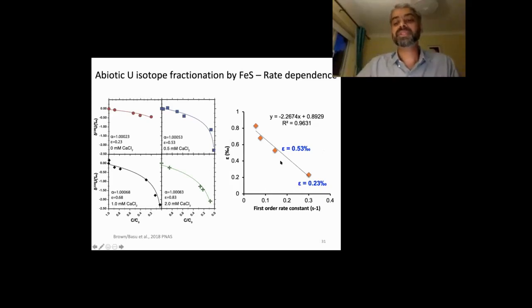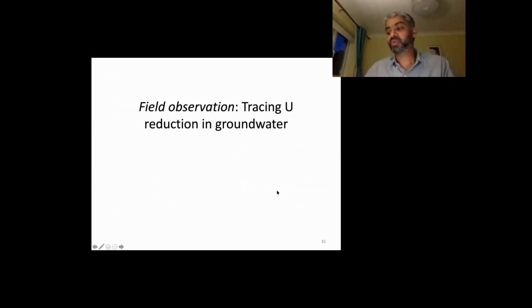So we do see the same rate dependence, although I haven't yet modeled this system, a very strong correlation between the fractionation factor and the first order rate constants from the abiotic reactions.